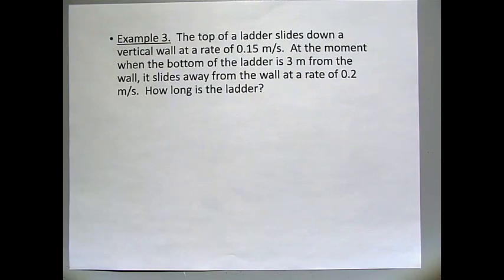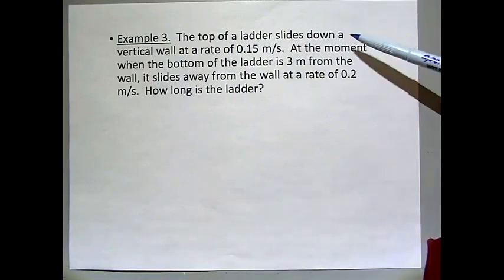Here we got this ladder that's leaning against the wall, and of course the other end is on the ground. And the top of this ladder is sliding down, but staying on the wall. So when that happens, because the ladder's length cannot change, the bottom of the ladder must also be sliding away from the wall.